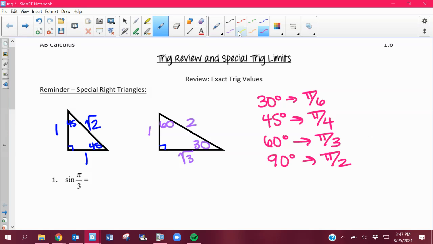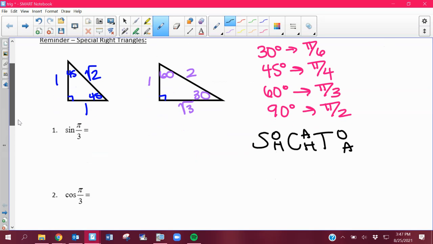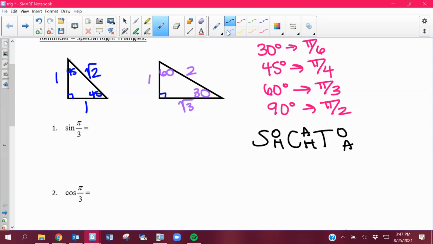Okay, and then of course, just as an end all be all, we have our lovely SOHCAHTOA that we use in order to find our trig values. So if I was faced with finding something like the sine of pi over 3, the first thing I always do is plot this angle in the correct quadrant. Pi over 3 is the same thing as 60 degrees, so that's just in the first quadrant.